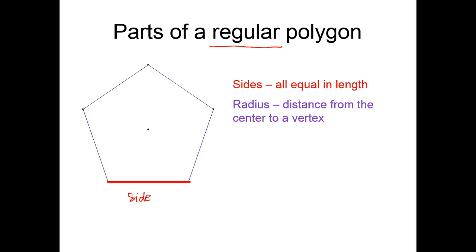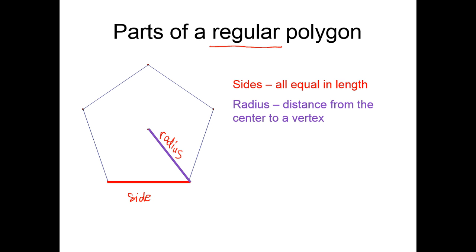The radius is the distance from the center to a vertex. Now, the radius is always the distance from the center to the vertex, no matter what polygon you have. So in this case, the center to the vertex goes there. So this is considered the radius.